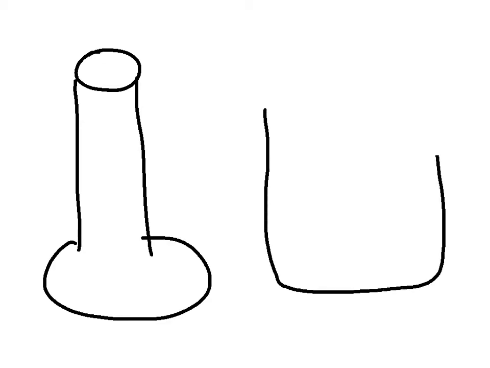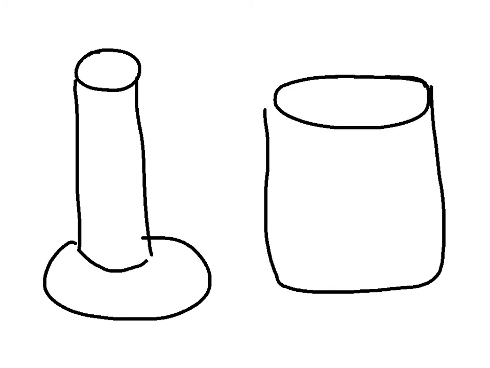If we were to look at pieces of equipment that we would use in the lab, possibly a graduated cylinder or a beaker, we would be concerned with the graduations or the marks that are on each of the tools.